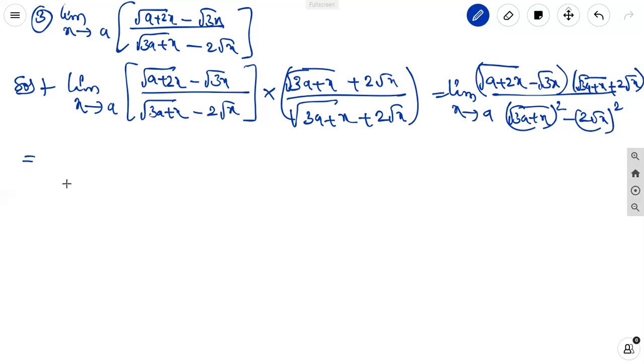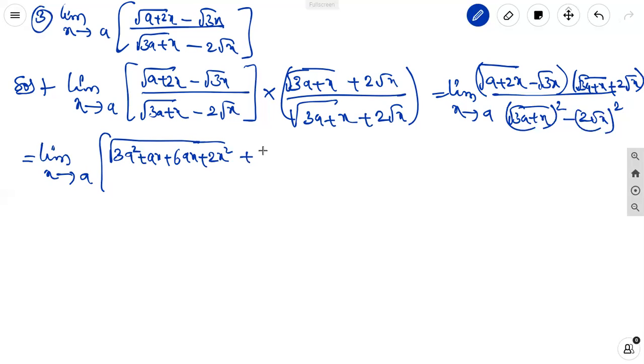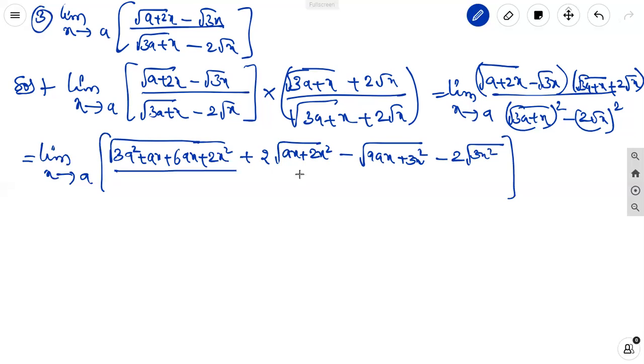Now we multiply in the numerator: root a into root b is root ab, so root of a into 3a is 3a square, plus ax, plus 3 twos are 6ax, plus 2x square, plus 2 under root of ax plus 2x square, minus under root of 3 threes are 9ax plus 3x square, minus 2 under root of 3x square. In the denominator, the square roots get cancelled: 3a plus x minus 2 twos are 4x.